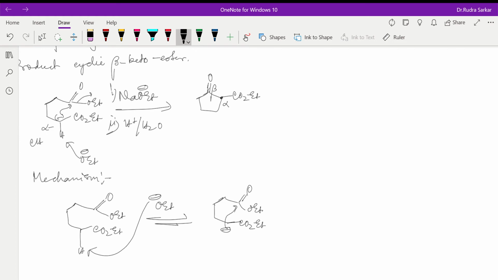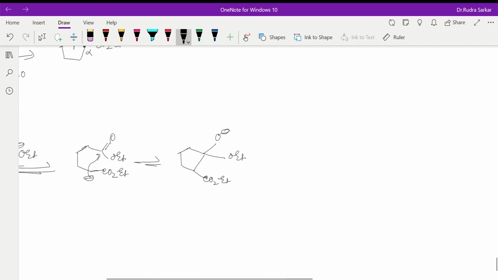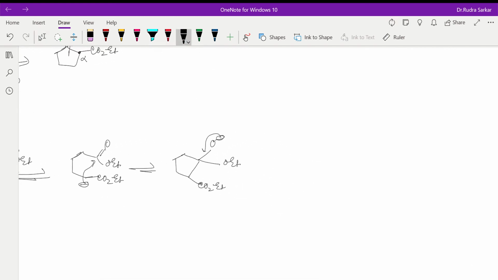This minus will attack here. The sp2 carbon converts to sp3. Now this will come back, that will go away, eventually forming a cyclic beta keto ester.